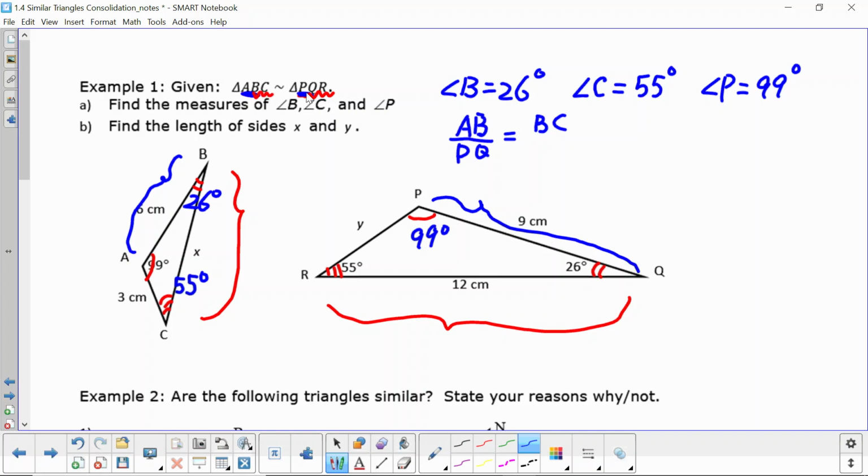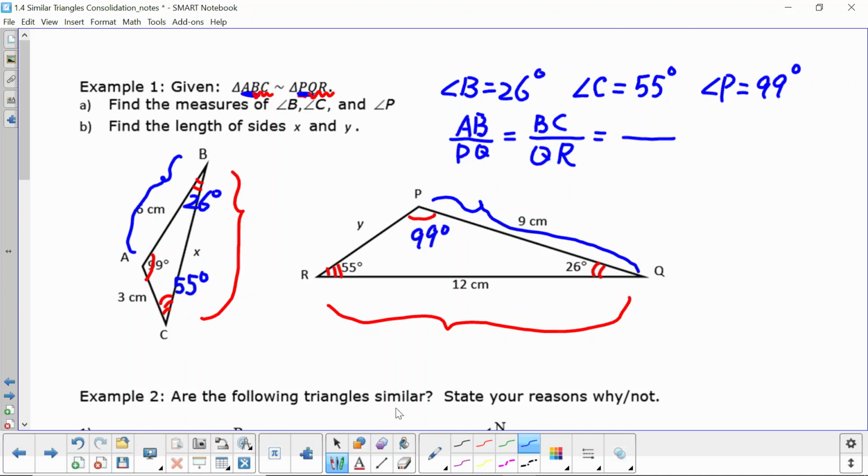So BC over QR. Ratios means division. Then we still have the last side left, so AC over PR.